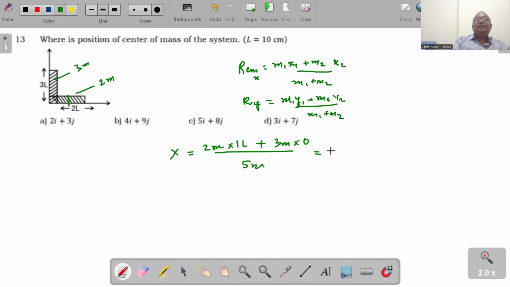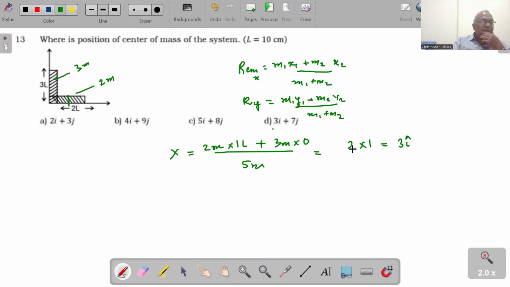So 2m into 1 L, L is a common factor length. So this we can say is 3 i, because it is along the x component. So this should be the answer.